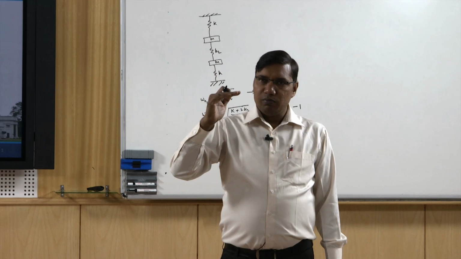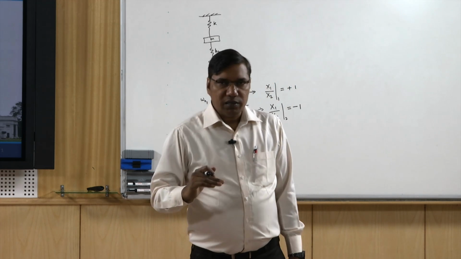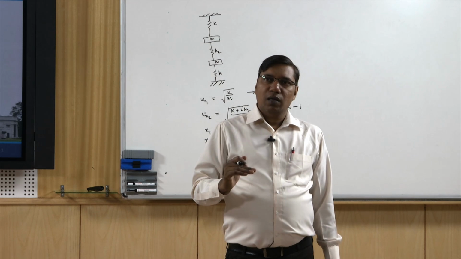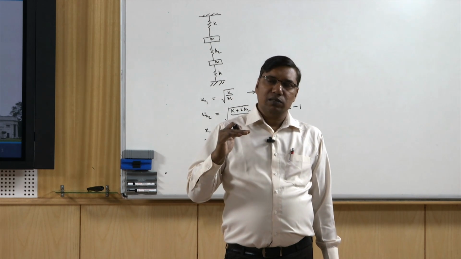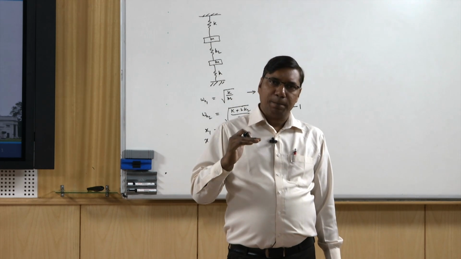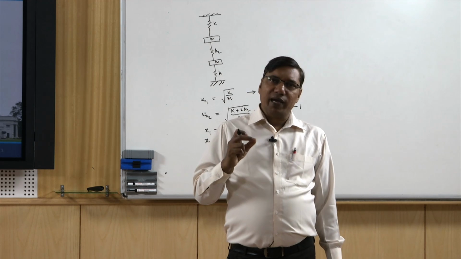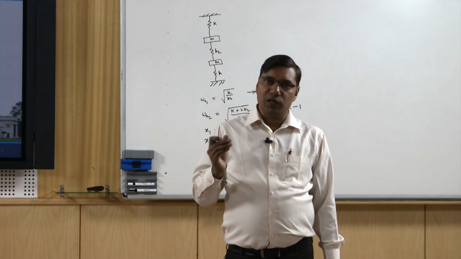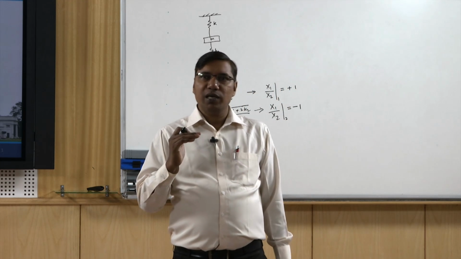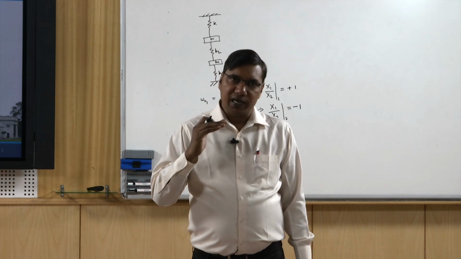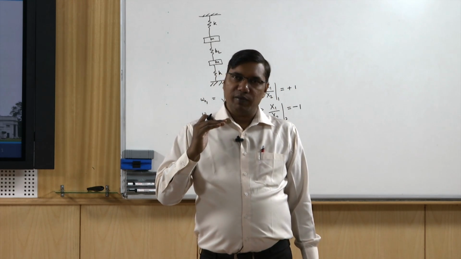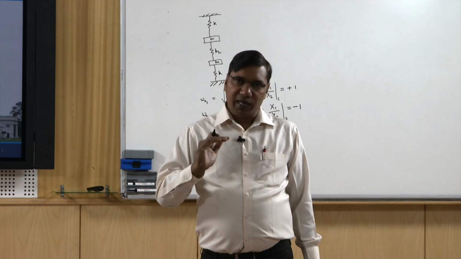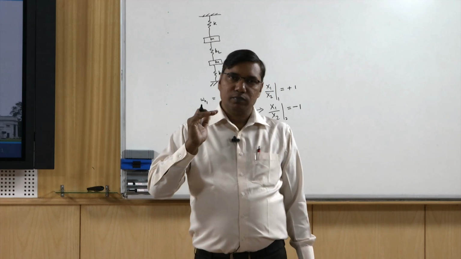If one mass is coming down, the second mass is also coming down, and during that motion their ratio x1 by x2 is constant and equal to 1. So if x1 is 5 mm from its equilibrium position at any instant, then x2 will also be 5 mm.